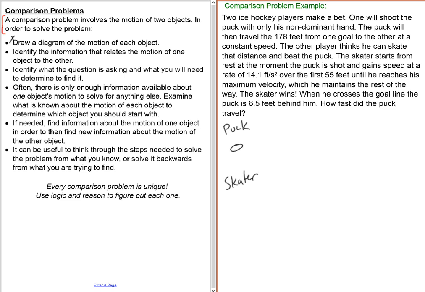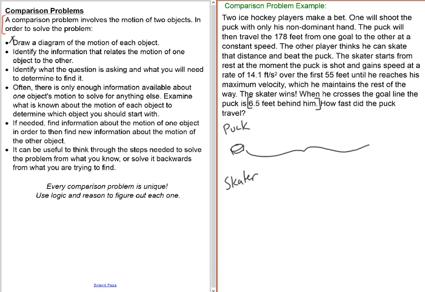Now the puck ends up traveling not 178 feet. Remember it said that it was 6.5 feet behind when the skater finished? It was supposed to go 178 feet. In fact, it does, but we're trying to figure out how fast the puck traveled. To do that, we're going to have to use the distance that it moved during the same amount of time that the skater took.